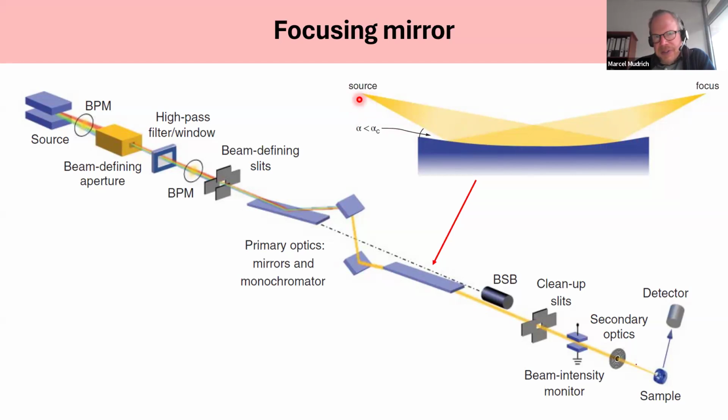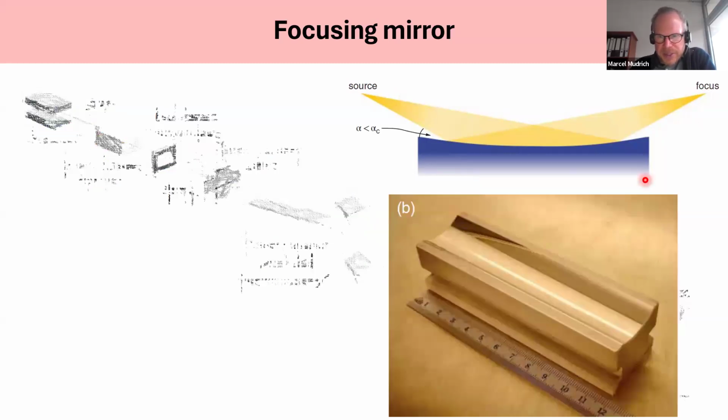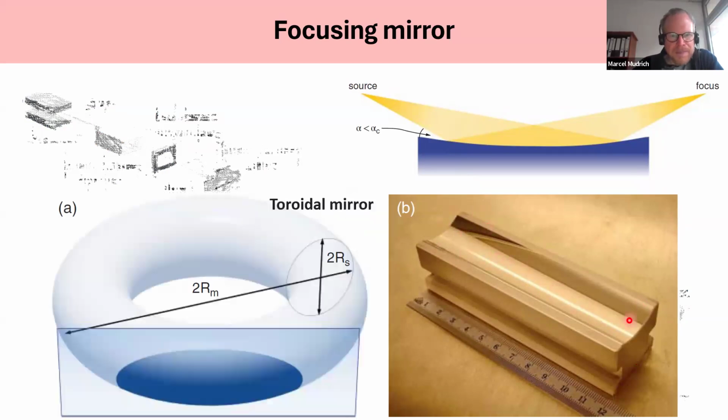If we have something like a point source as the incident beam, it would then get focused again into a point in the focal plane. And these X-ray focusing mirrors actually look like that: they have this curved profile, but still need, of course, very high surface quality.